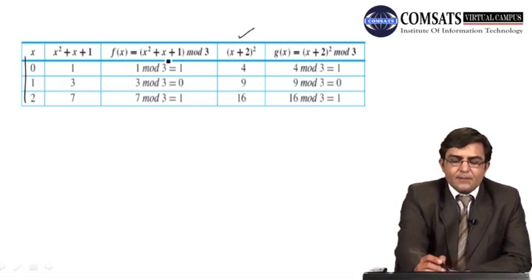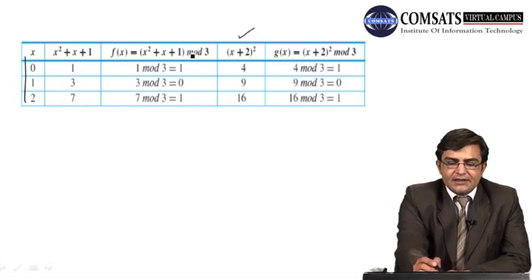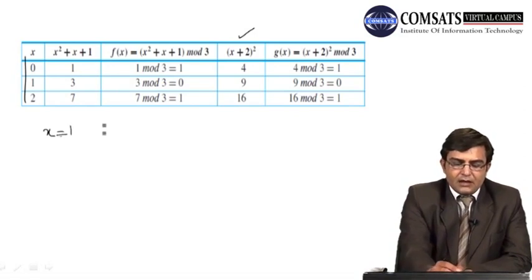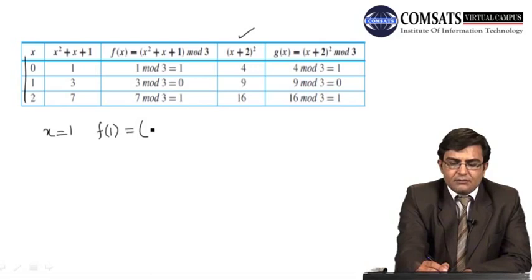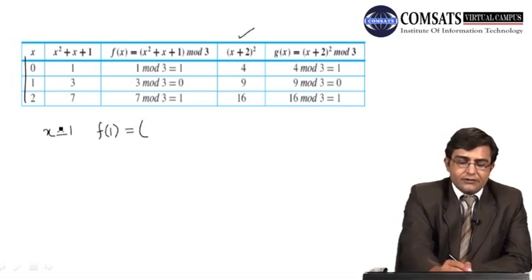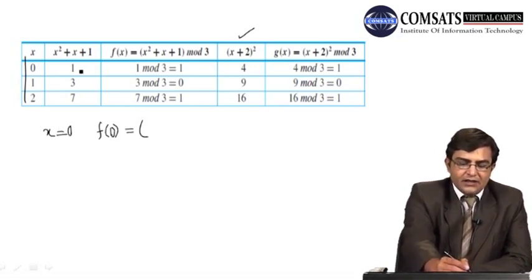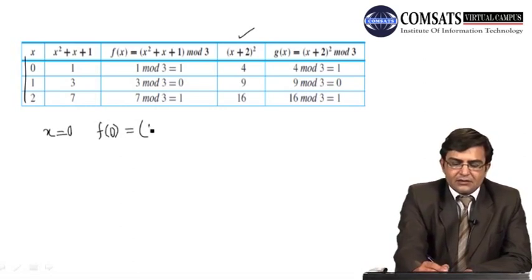Now we can calculate f of x. F of x is basically x square plus x plus 1 mod 3. So if we take 0, then f of 0 is basically 1 mod 3.